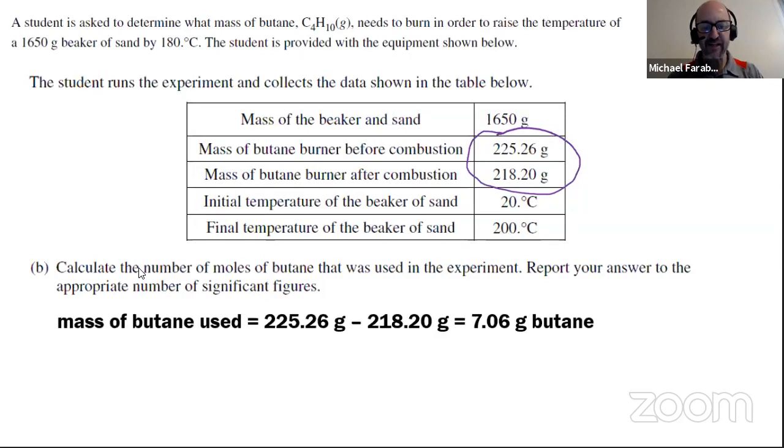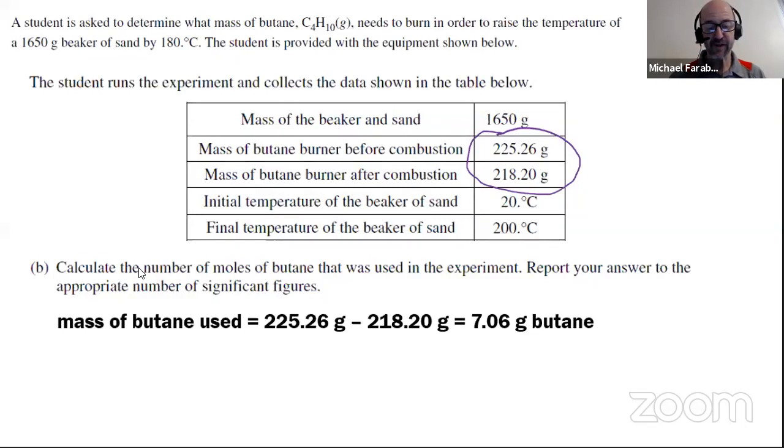So I'm going to subtract these 2 numbers, which is the difference between how much the butane burner weighed before and after the combustion. And when you subtract numbers, you have to keep the same decimal places, or you would use the fewest number of decimal places if they were different. So I'm going to have 7.06 for my answer for grams of butane, but I'm not done yet. I've got to go to moles.